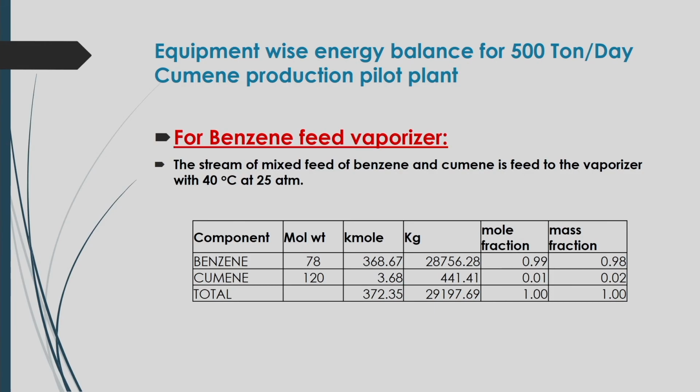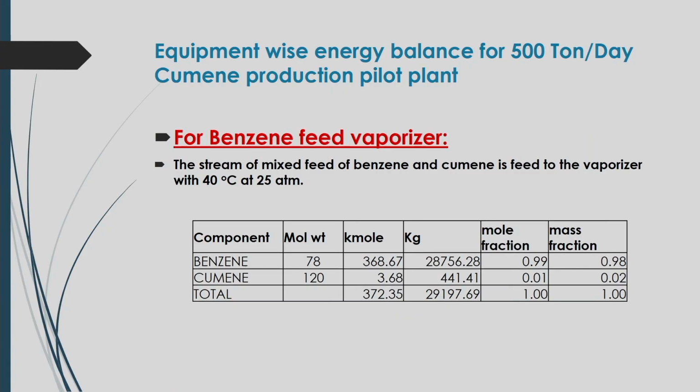Now, in this lecture the main objective was to discuss the energy balance also. If we do the energy balance equipment wise for this process, we start with the benzene feed vaporizer, because benzene will be sent to the reactor after mixing with propylene, and before that the propylene and benzene will be vaporized to a certain temperature.